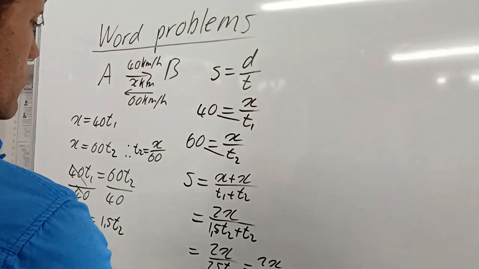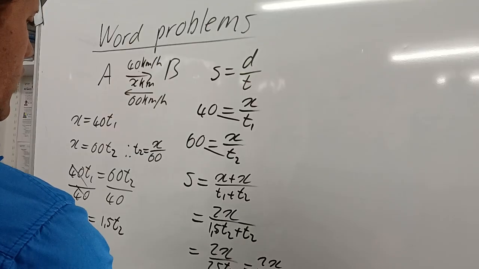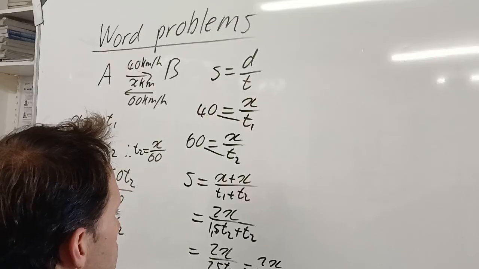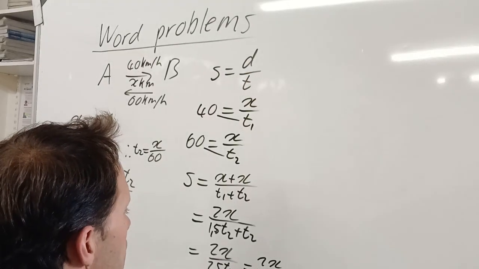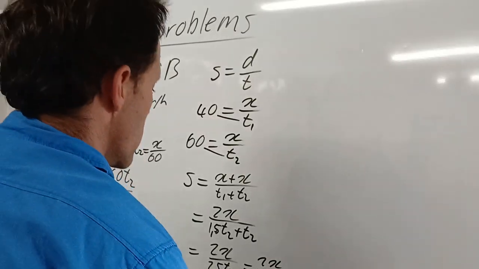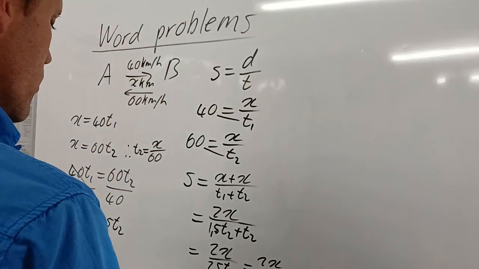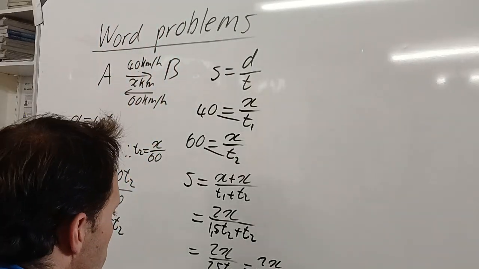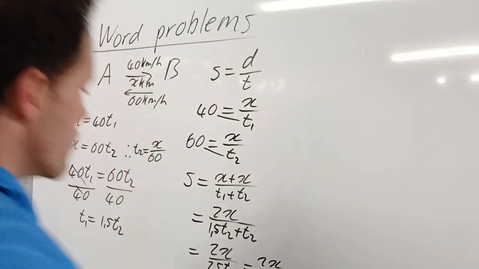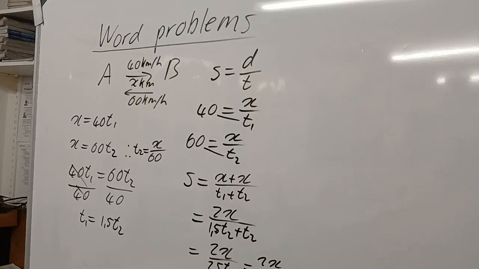If you take the 60 over, you get 2x times 60 over 2,5x. The x and the x cancel out. So you get 120 divided by 2,5. So check for us, what's 120 divided by 2,5?